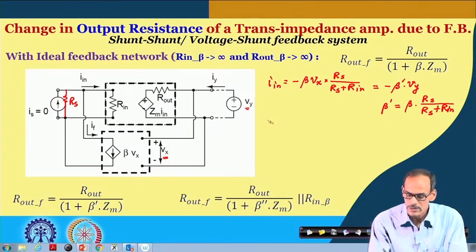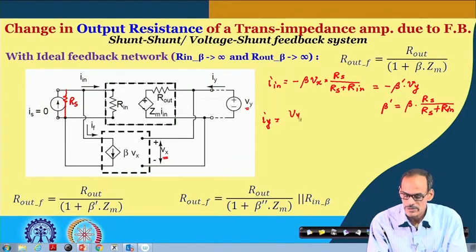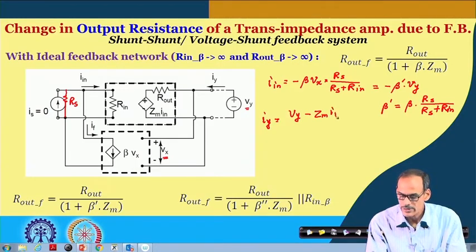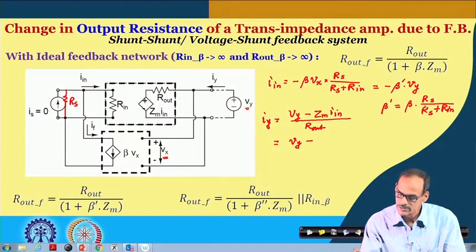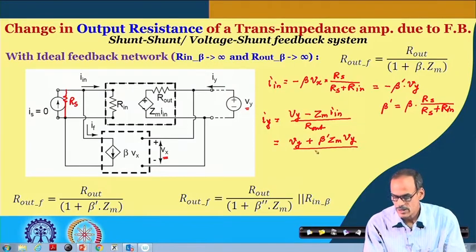On the other hand, the expression of the current I y equals V y minus Z m I in, that is valid for this case also, divided by R out. So, this equation becomes V y, and minus and minus is getting plus, so we do have beta dash Z m into V y divided by R out.